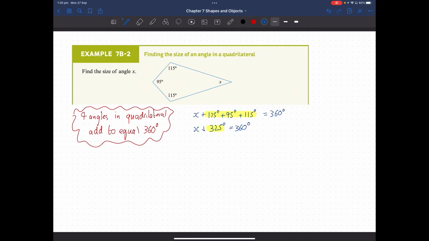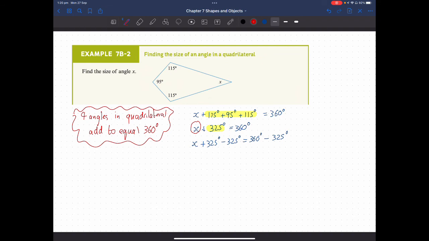Now what we want to do is get the X by itself. So I'm going to subtract 325 from both sides. X plus 325 degrees minus 325 degrees equals 360 degrees minus 325 degrees.